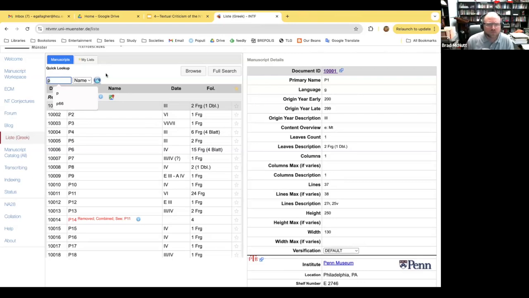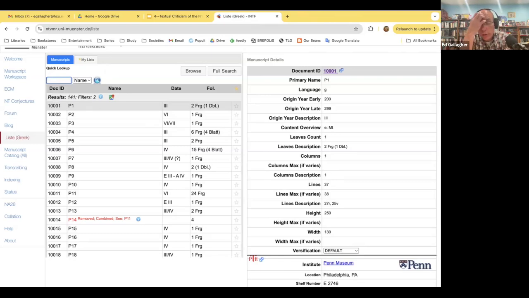Okay. So we've looked at papyri, and of course, like I say, I don't have special access to this or anything. This is open for everybody. You can come to the INTF website and play around with it, type in your P and look through all the papyri. If you want to find majuscule manuscripts, I mentioned maybe last time or earlier in this episode that those numbers all begin with a zero.